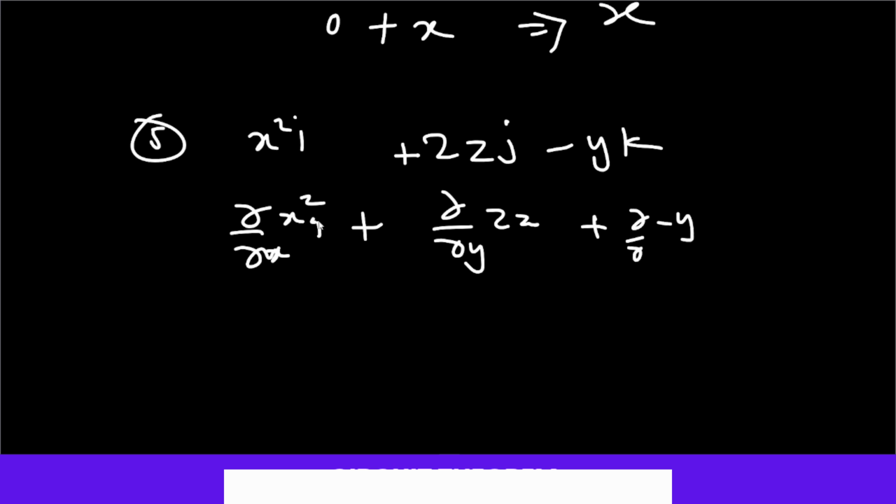So here we don't have any i because it is a scalar. So if you differentiate with respect to x, you're going to get 2x. Plus differentiating with respect to y, there's no y here, this is constant, this will give us 0. If you differentiate with respect to z, there's no z here, so this will give us 0. So plus 0. So our result is going to be 2x.